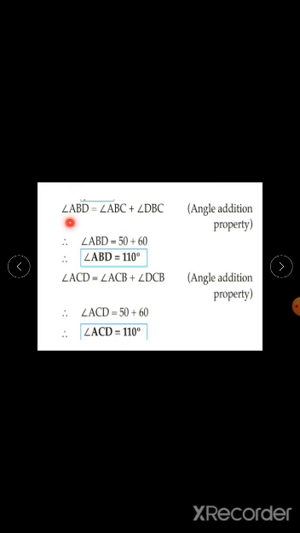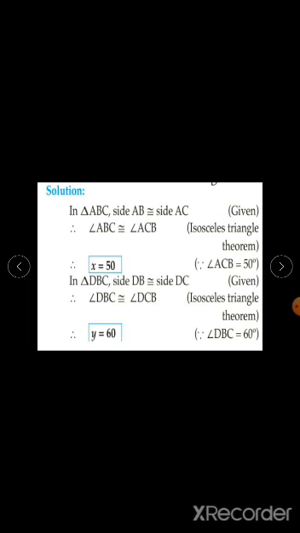Now, angle ABD is equal to angle ABC plus angle DBC. The reason is the angle addition property.